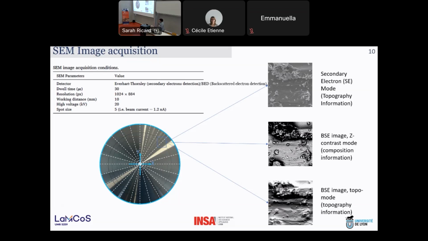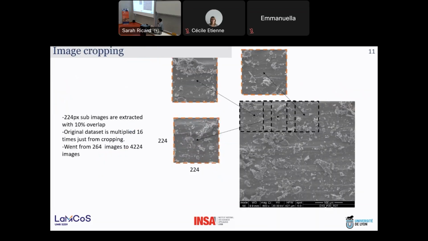Now, obviously, this is not enough to train an AI model, specifically a deep learning model. So we wanted to augment the data set a little bit more without applying any data transformation or manipulation. So what we did is that we extracted small sub-images from the original image with an overlap of 10%.